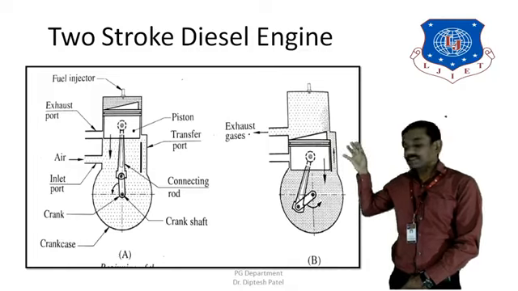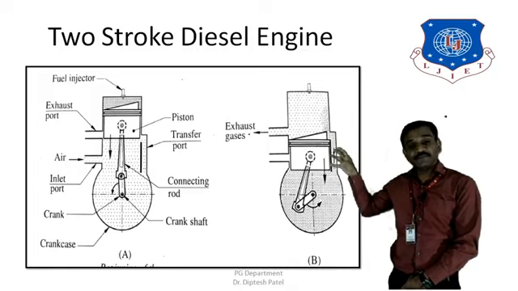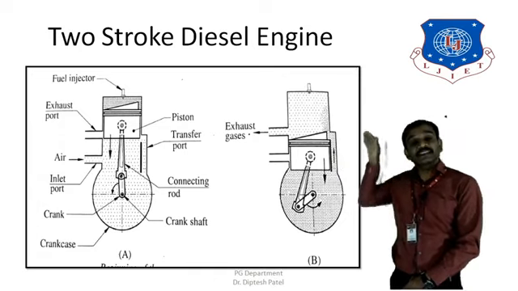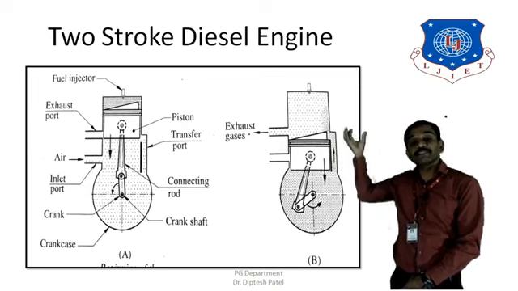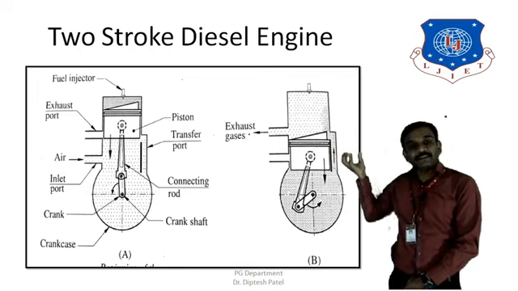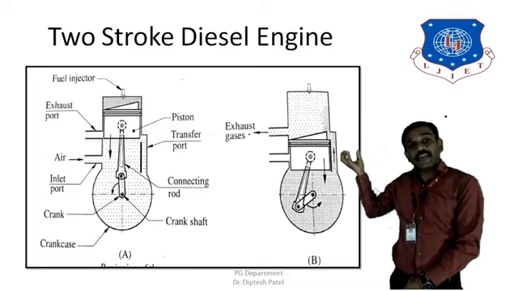Fresh air, only air, would be taken from the inlet port into the crankcase, which would remain in the crankcase when the piston is at the top dead center. When the piston moves from top dead center, due to the power, the exhaust port and the transfer port get open.